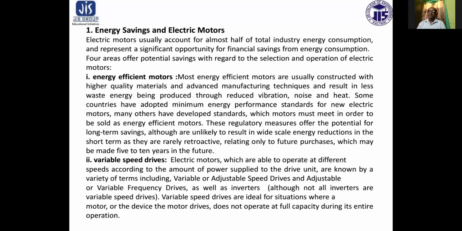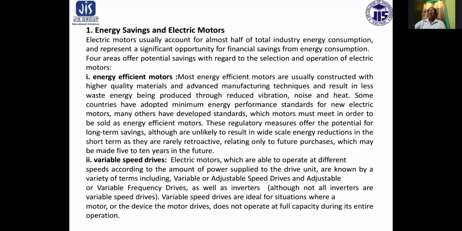Some countries have adopted minimum energy performance standards for new electric motors. Many others have developed standards which a motor must meet in order to be sold as energy efficient.